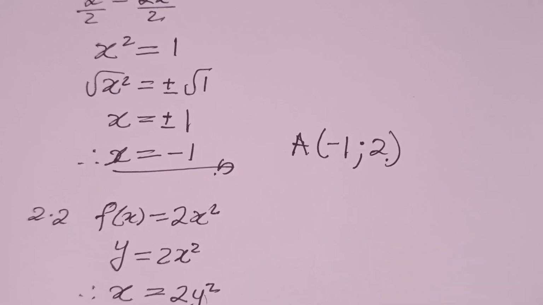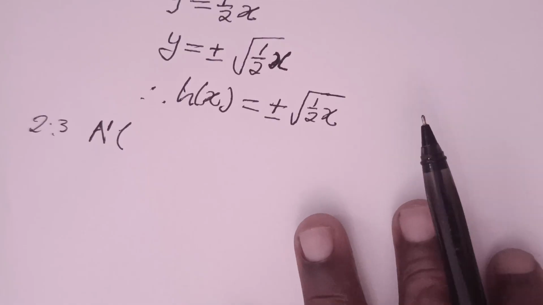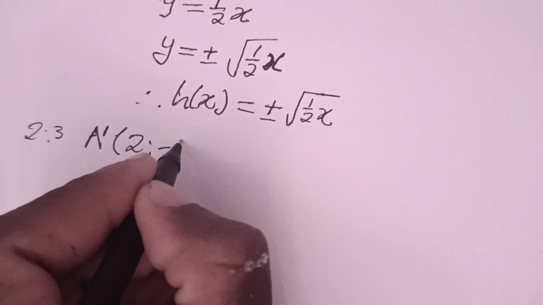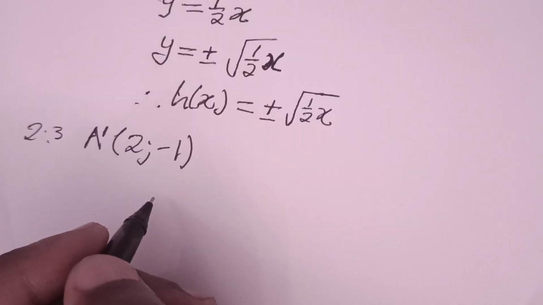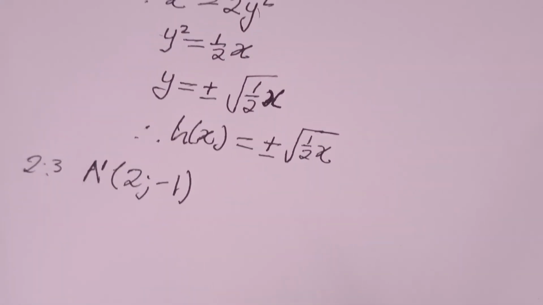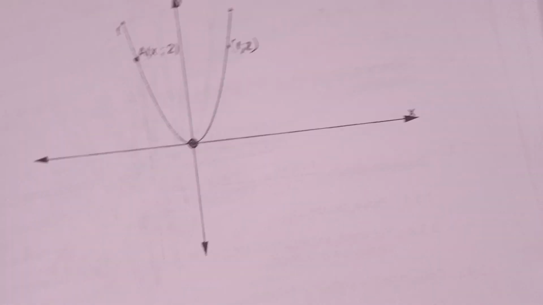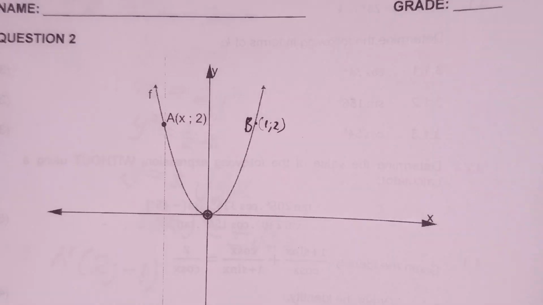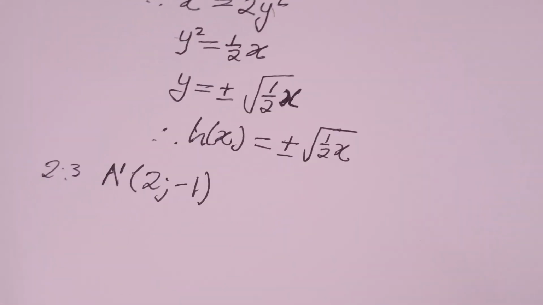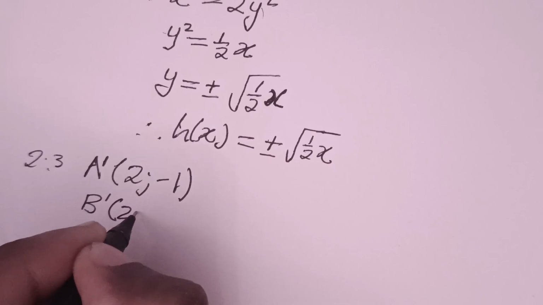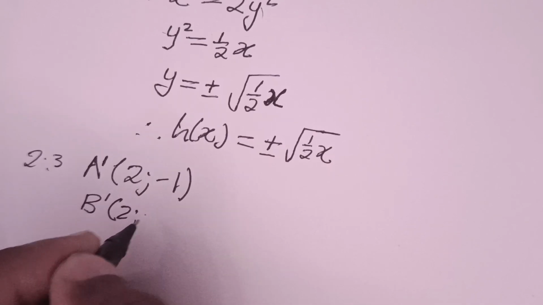So there now will be a point which is not minus 1 map 2, but will be 2 map minus 1. And if we call the other point B, we'll have a point B image, which is 2 map 1.